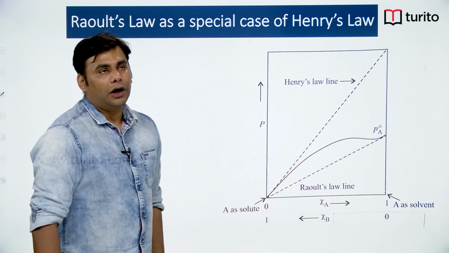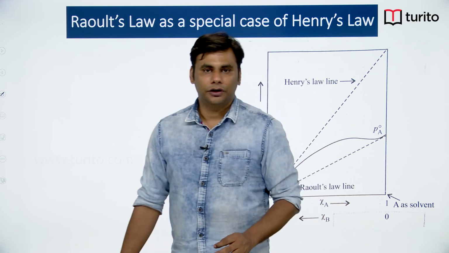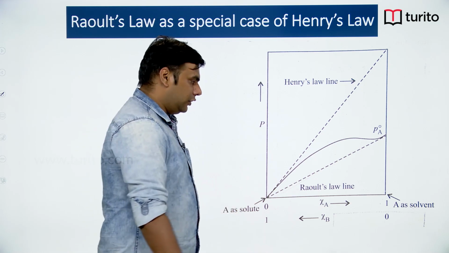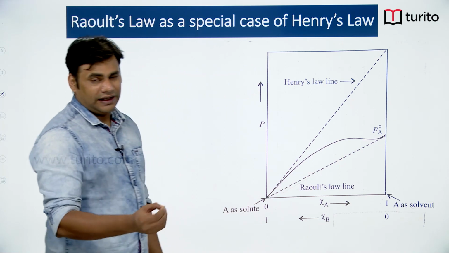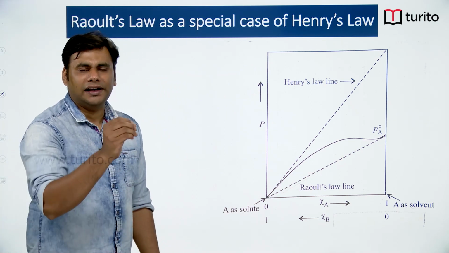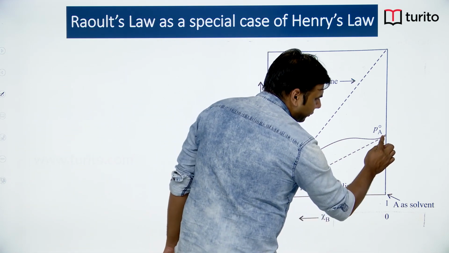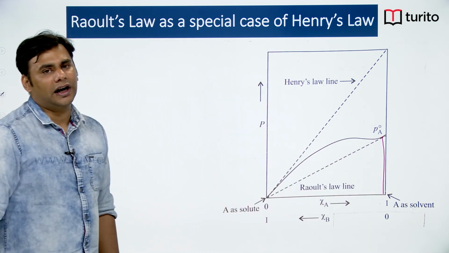Now we have already said that Raoult's law is applicable only for dilute solutions. If you are considering only the solvent, it will be dilute when XA is 1. When XA is approaching 1, we say that a very small amount of solute is there. Somewhere around here we will say that the solution is highly dilute.